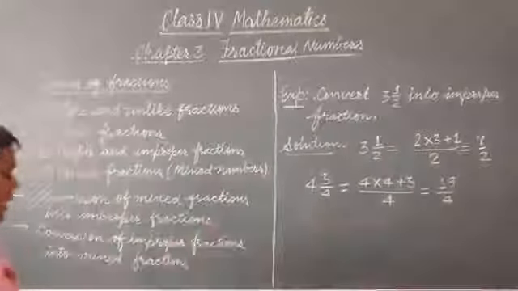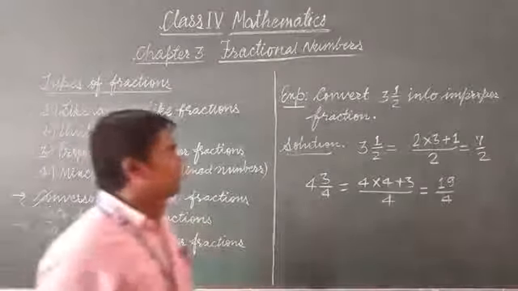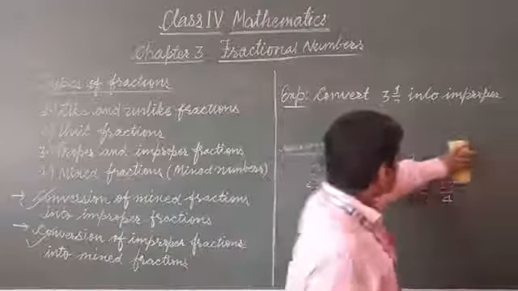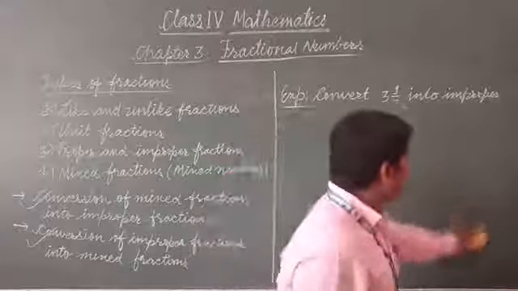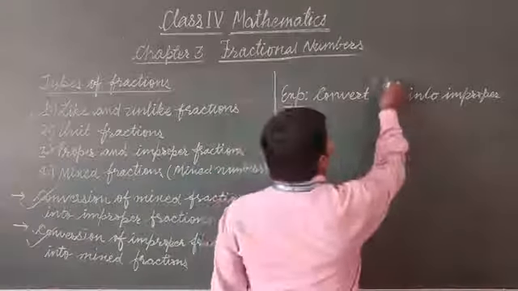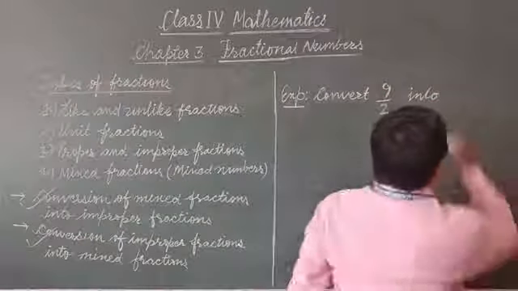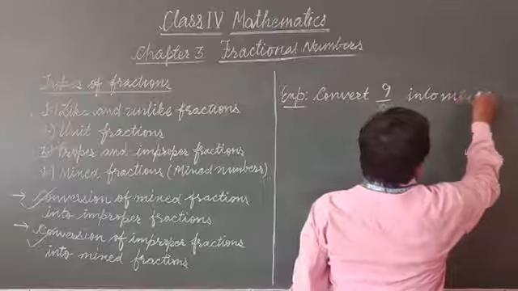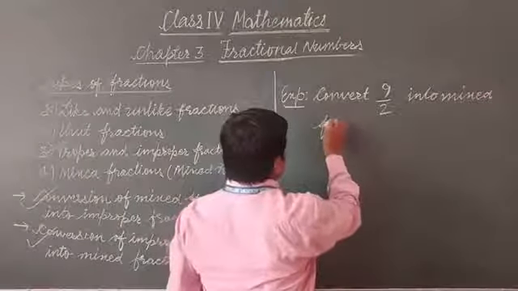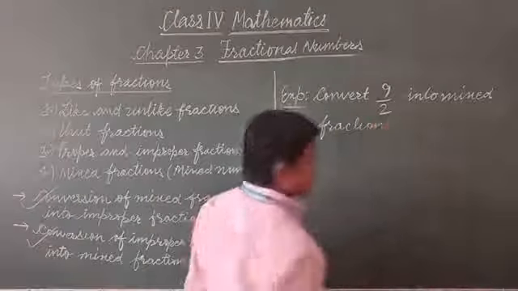Now the next topic is conversion of an improper fraction into a mixed fraction. I am writing the example. It is quite easy also. Convert 9 by 2 into a mixed fraction.